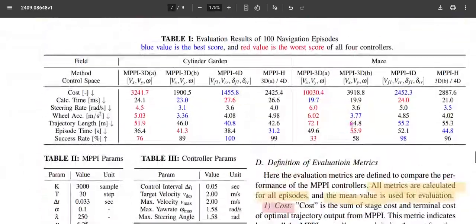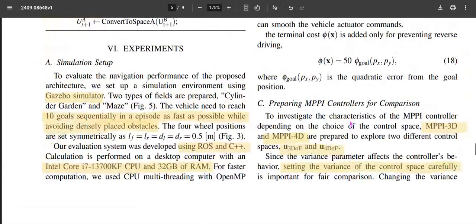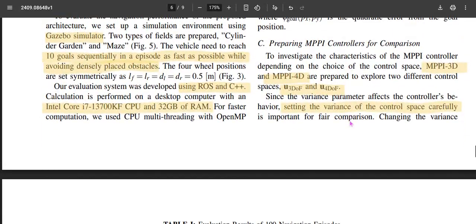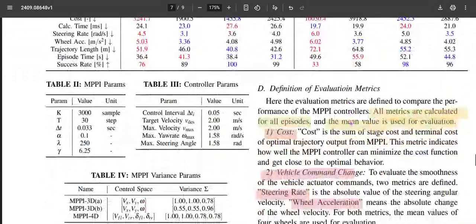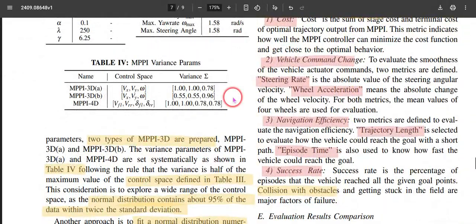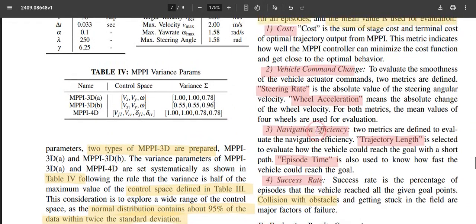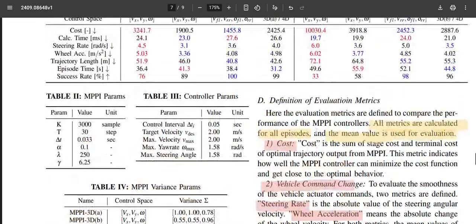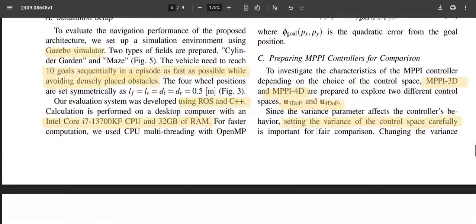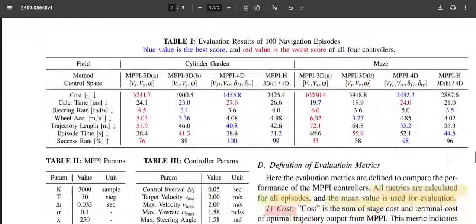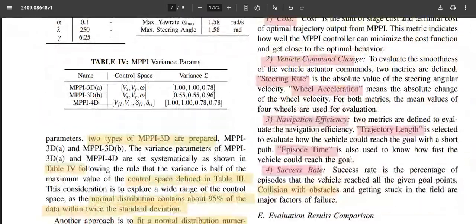So as mentioned earlier, we compare four different modes: 3DA, 3DB, 4D, and hybrid, switching from 3D to 4D degrees of freedom. 3DA is a high variance. When we use high variance, it takes a short time, but it's very aggressive and leads to a large number of collisions. 3DB is much smoother than 3DA, but it has the low variance.